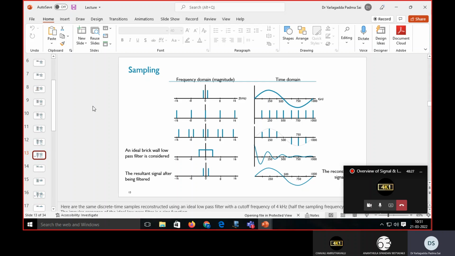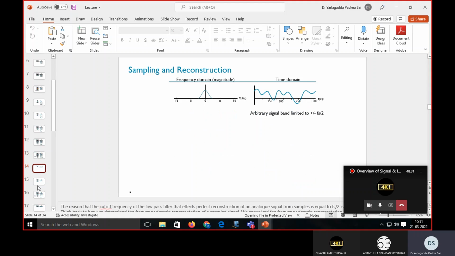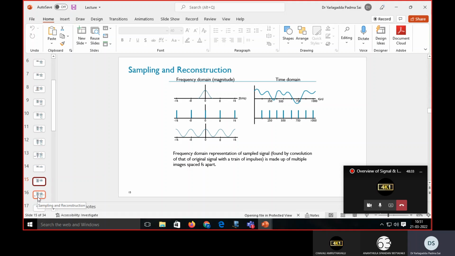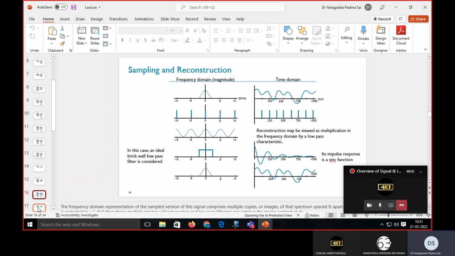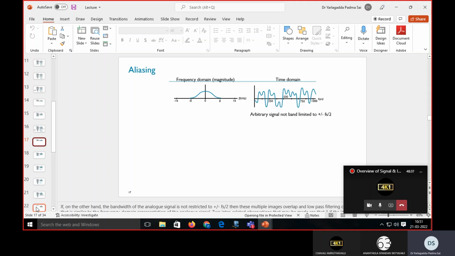So now this is sampling, explaining how you have to consider reconstruction. According to sampling, it has to satisfy the Nyquist condition: Fs is equal to 2Fm, and T should be less than 1 by 2Fm.